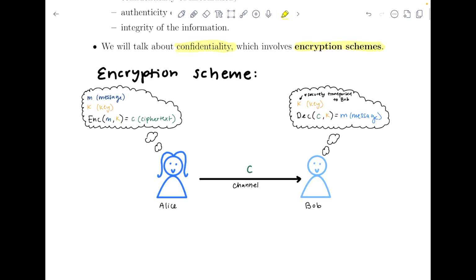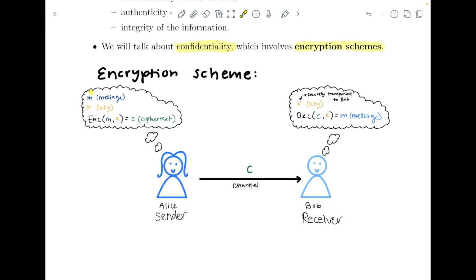Taking a look at this diagram, in encryption schemes we are sending messages securely in the presence of eavesdroppers. Here I have Alice, a sender, and you can see that because the arrow points to the right, and then Bob is going to receive the message, so he is the receiver.